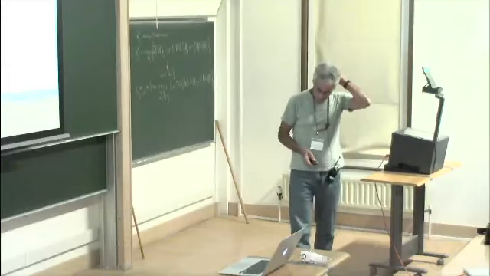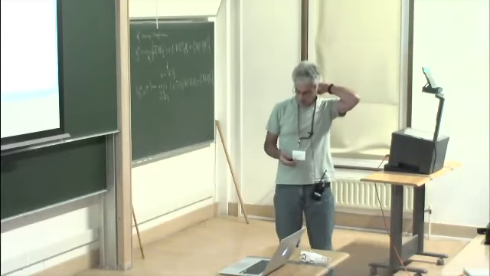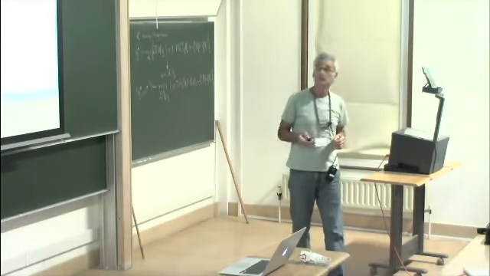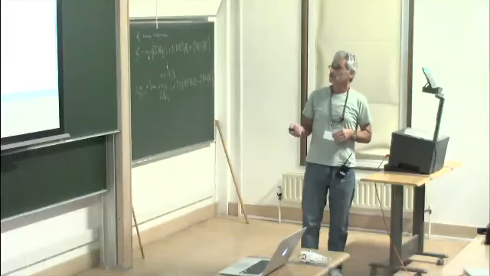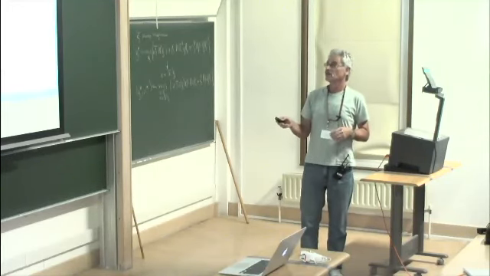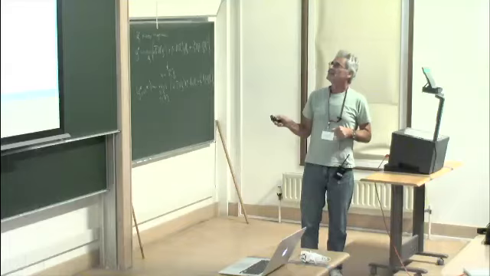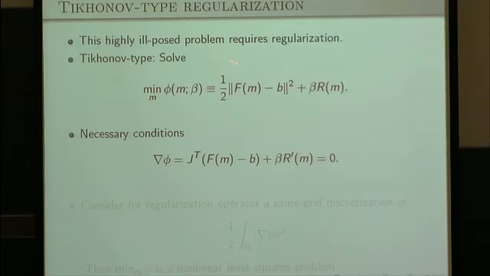So how do we do it? How does anyone do it? It's a highly ill-posed problem, and the mother, or maybe I should say the father, of all regularizations is Tikhonov. So what do we do with Tikhonov?